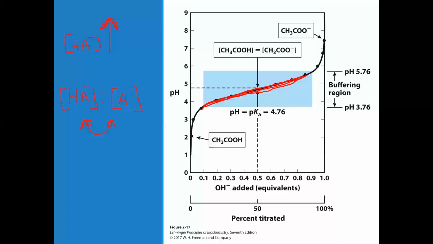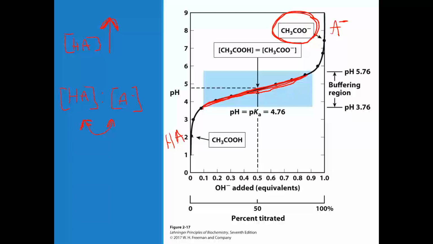Now, of course, you can eventually knock it out of that range and keep adding OH. We could even do the opposite in this case if we started with a bunch of this CH3COO minus, that's A minus in this case. Remember, this is the pH.